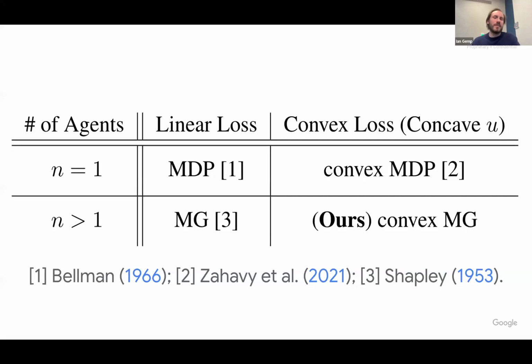If you had to take away anything at a high level, it would be this table. I'll assume everybody's roughly familiar with MDPs, Markov decision processes. These are reinforcement learning problems where you have one agent and an environment. If you extend beyond one agent to two agents, you have Markov games or stochastic games.